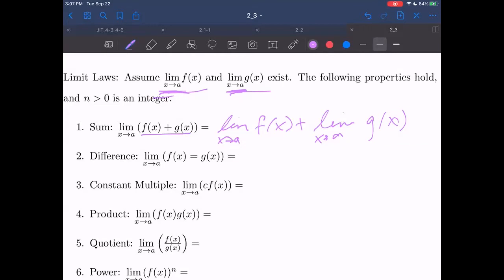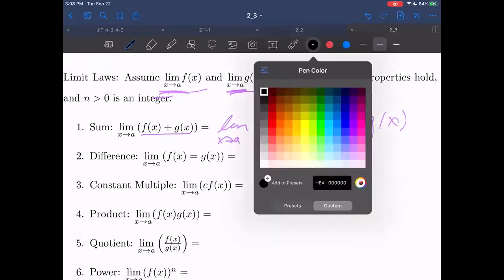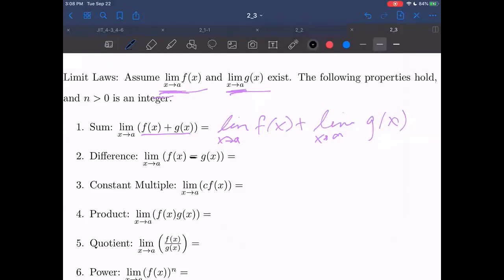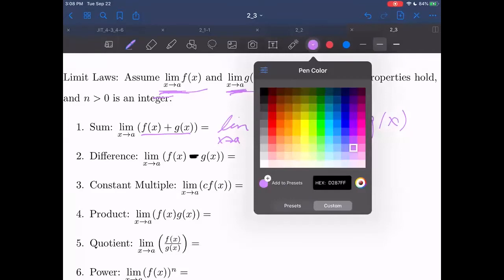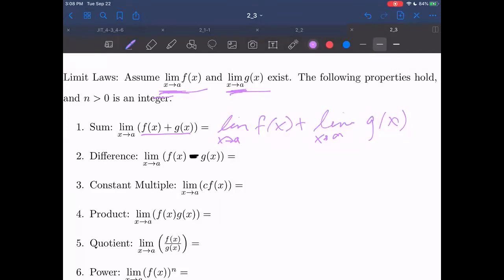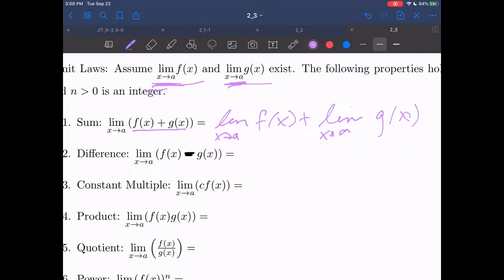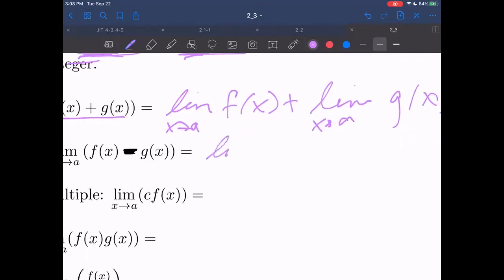I don't know how often they'd be used backwards, but, and then we've got difference, and this should just be a minus. So if we've got the limit as x approaches a of f of x minus g of x, just like with the sum, we can split it. So we've got the limit as x approaches a of f of x minus the limit as x approaches a of g of x.